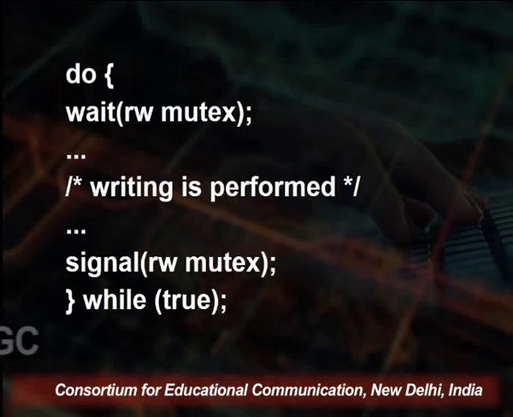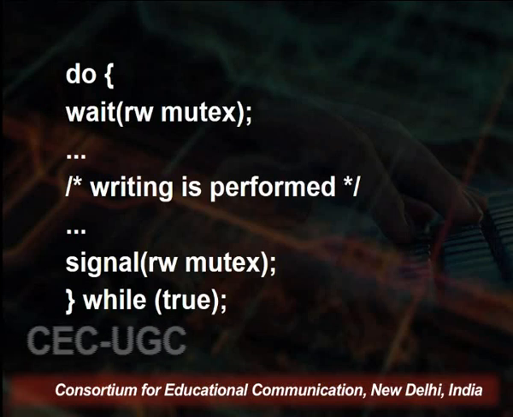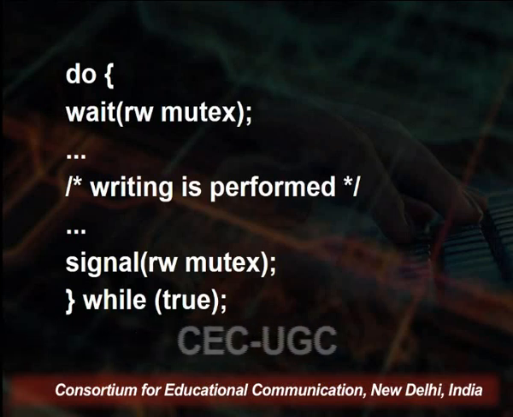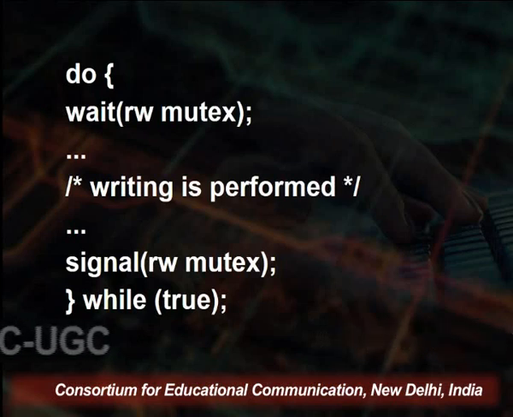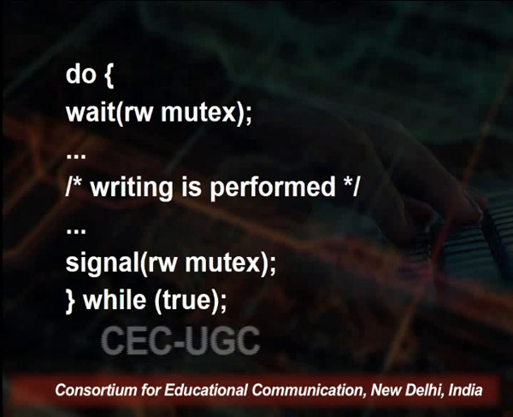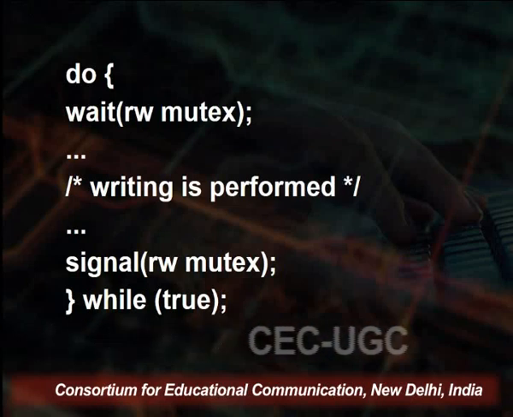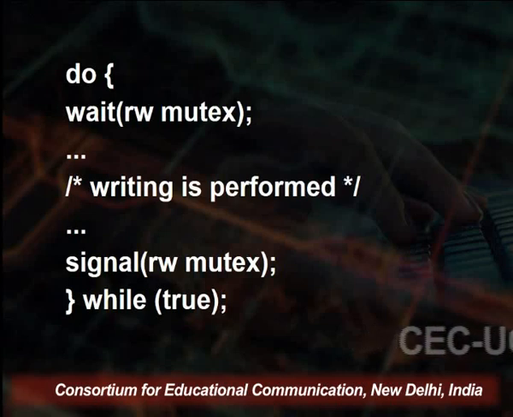One who is going to perform the writing is going to acquire the semaphore rw_mutex. So in the do-while loop we say wait(rw_mutex), that means lock. Wait(rw_mutex) essentially means that the lock has been acquired by a process, and the lock I am talking about here is the RW lock.